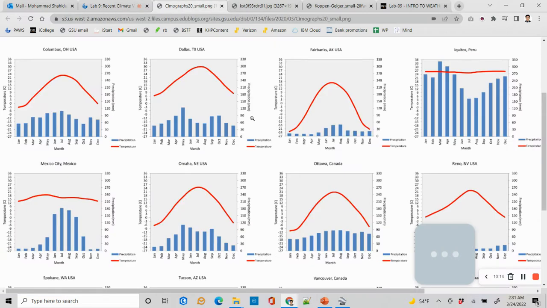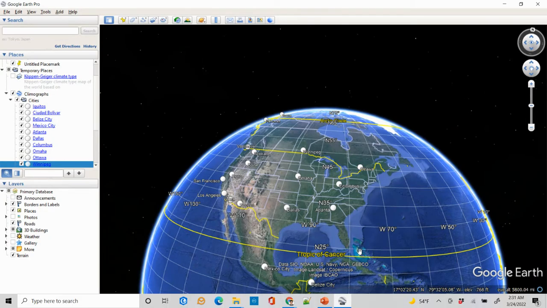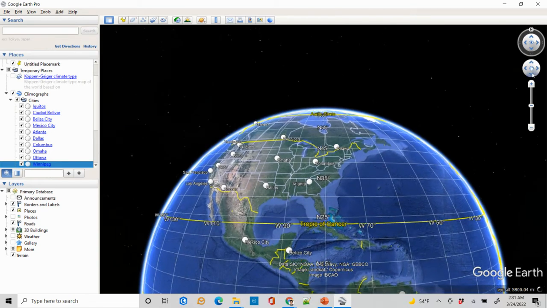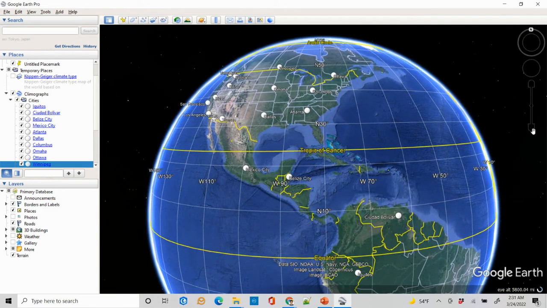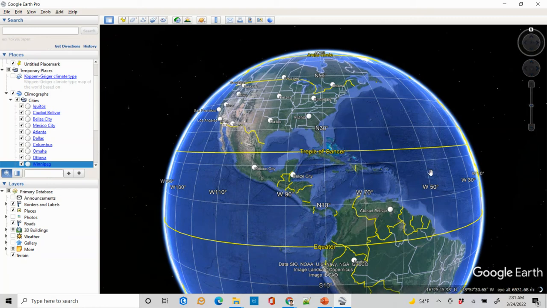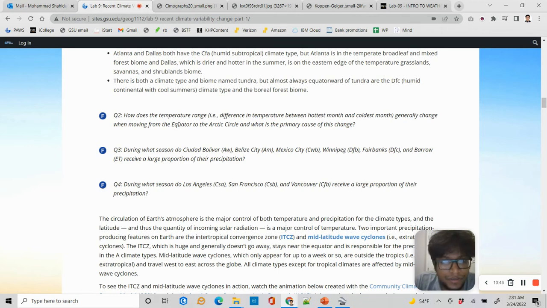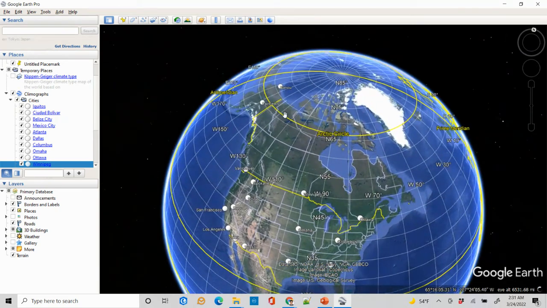Since my Google Earth is working here, I can analyze a city in the equatorial region, like Belize City. I can take Belize City as an example for the equatorial region, and then I will take another one at close proximity to the Arctic region.